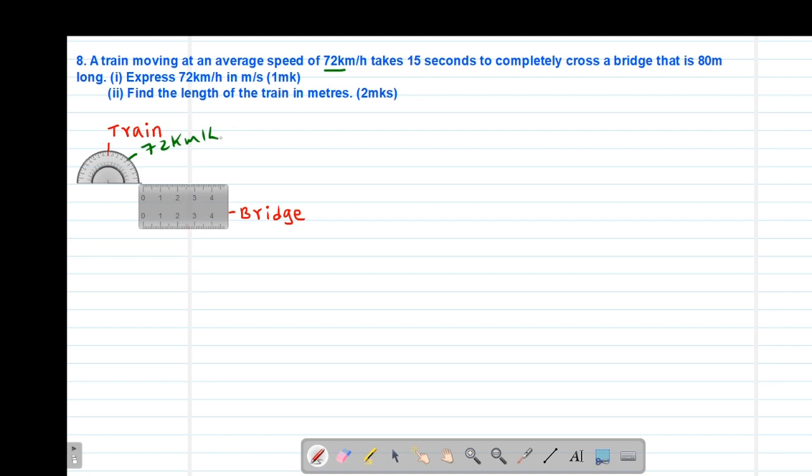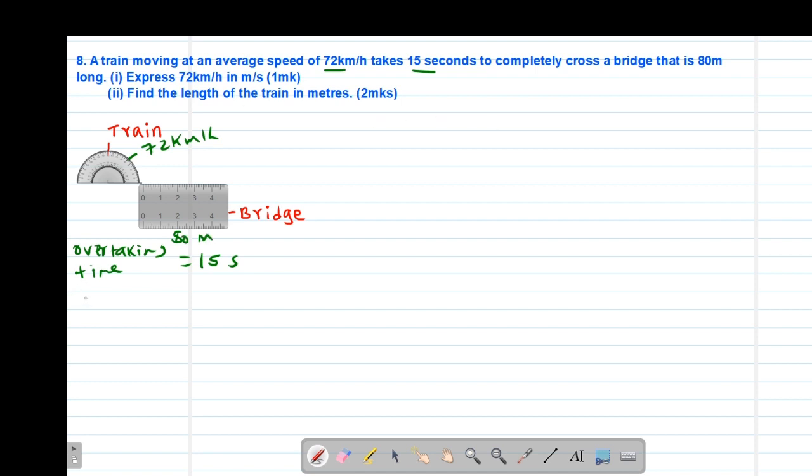So the overtaking time is 15 seconds, to completely cross a bridge which is 80 meters long. So the bridge is 80 meters long.